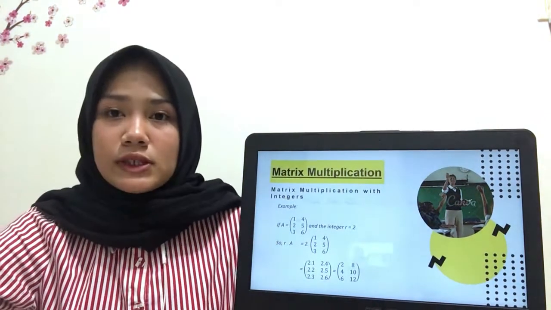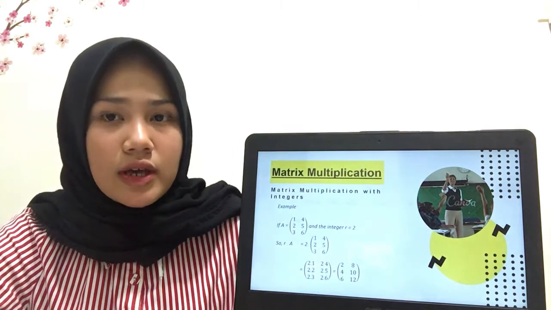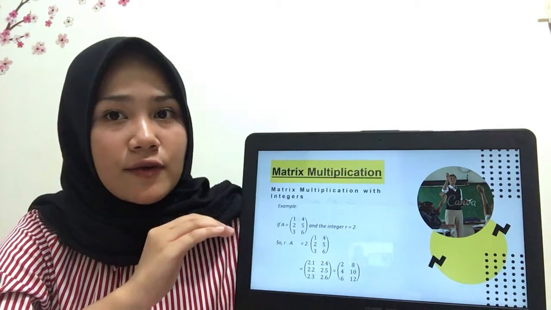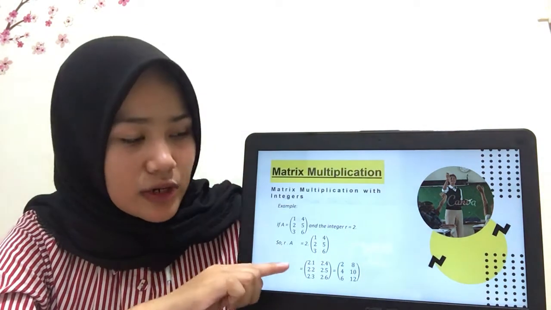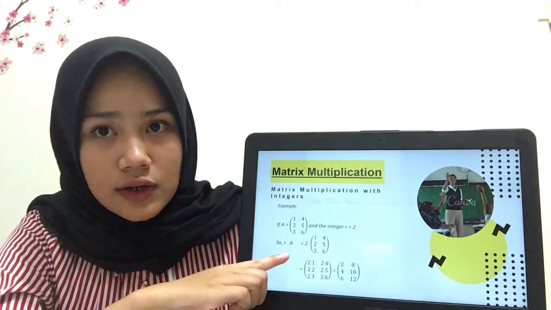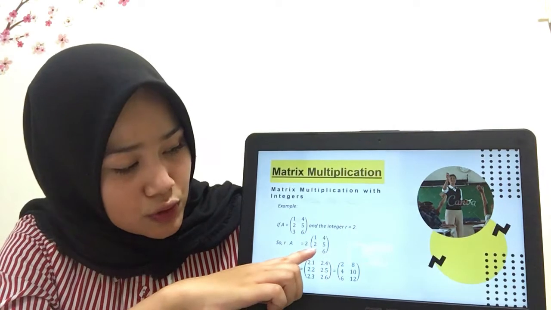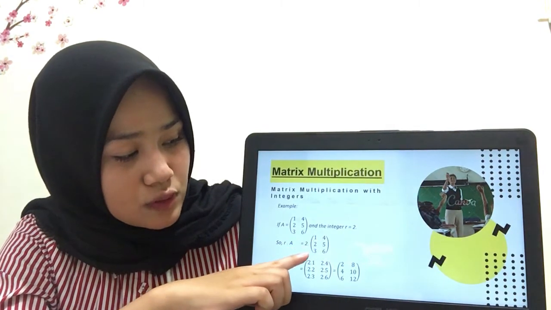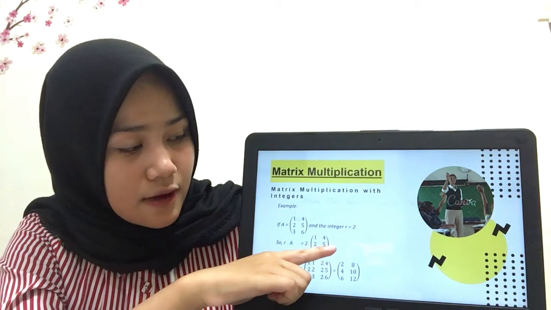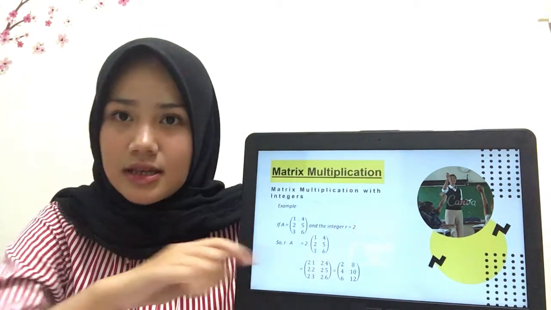To multiply the matrix with the integer, we multiply the integer to every element of the matrix. So r multiplied by A is equal to 2 multiplied by 1, 2 multiplied by 2, 2 multiplied by 3, 2 multiplied by 4, 2 multiplied by 5, and 2 multiplied by 6.